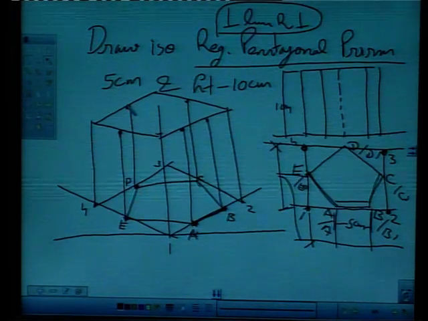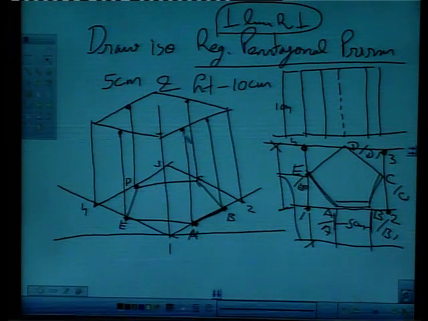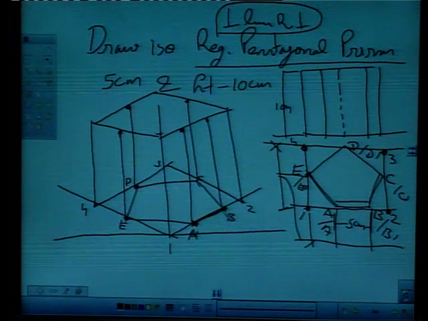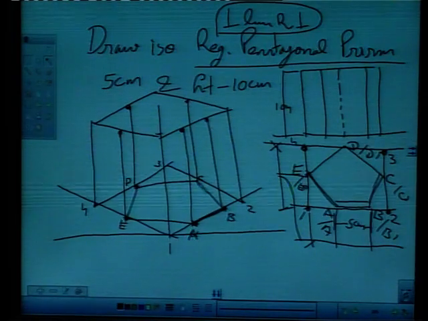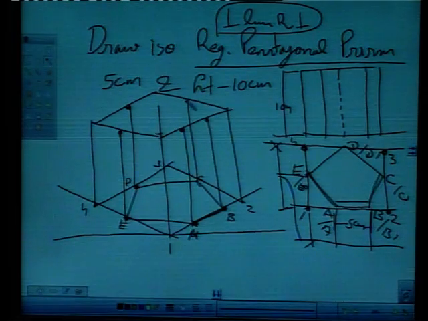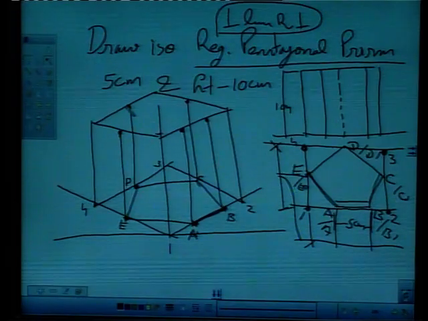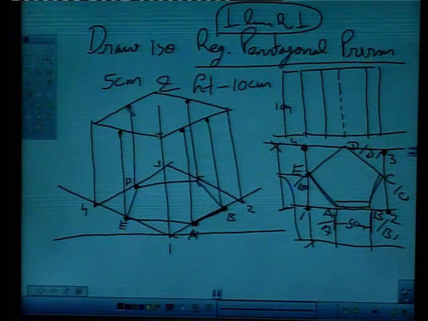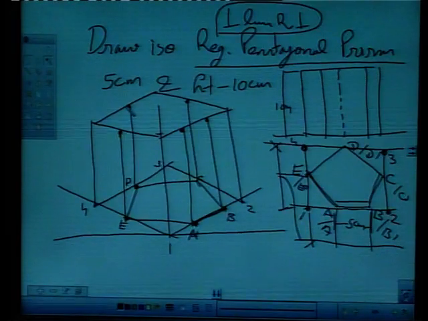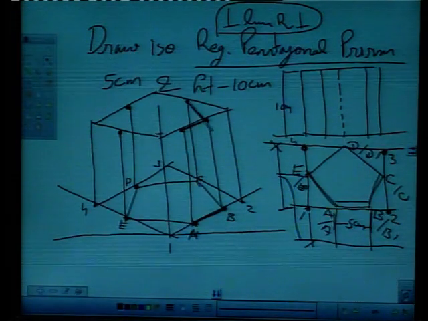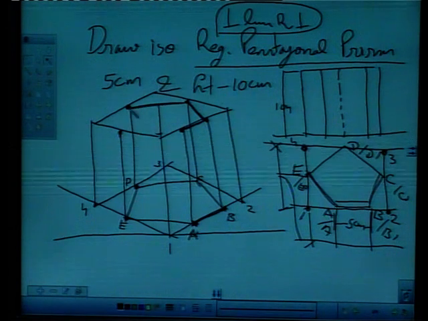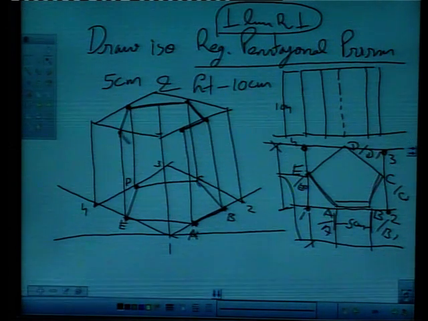So what we get is, from A we get point A, from B we get point B, from C we get point C on these edges, right? And for point D, we will mark this on this edge, right? This way we get all the 5 points of a regular pentagon. Now we have to simply join like this. Join A with B, B with C, C with D, D with E, and E with A.